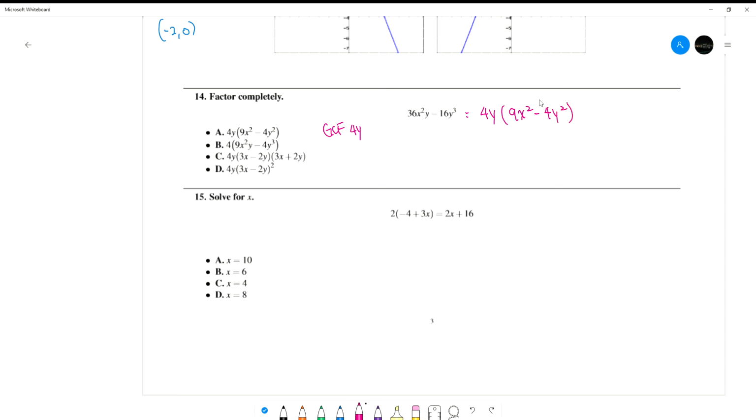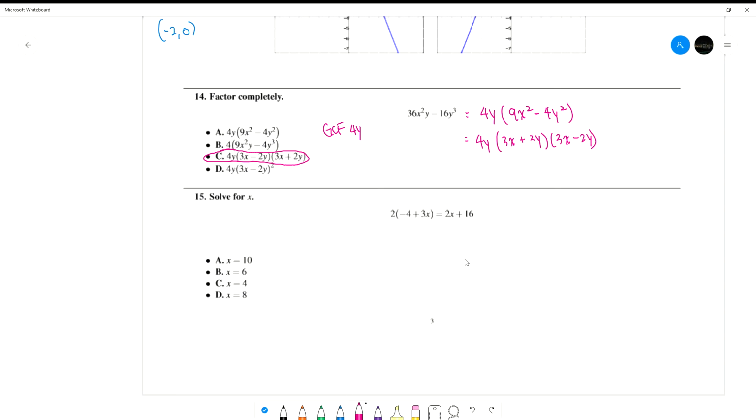Okay, don't put this as your final answer. This is a difference of squares right here. So this is also equal to 4y times 3x plus 2y and 3x minus 2y. Does that make sense? So answer C is the correct answer. It would not be A. If you put A, you would have gotten it wrong.